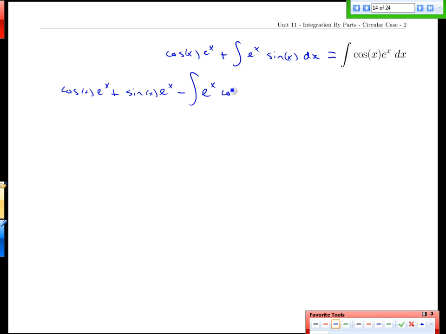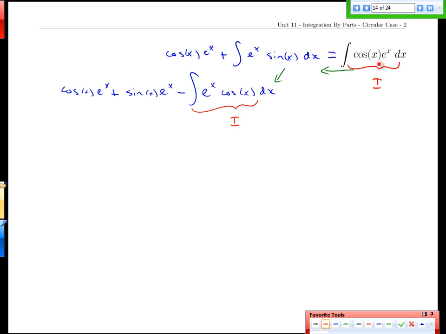Now that doesn't seem particularly helpful at first glance because we just came full circle. Here's where we started, we got to here, and now we've got this integral. But if we're careful, we actually notice that this is our original, e to the x cos x, or cos x e to the x.